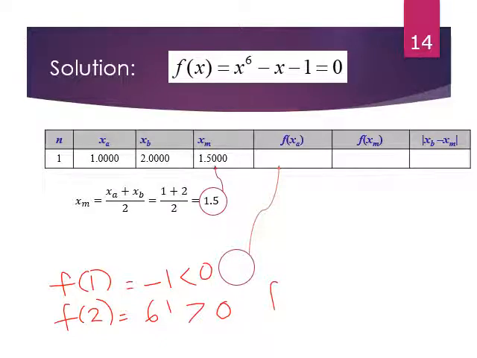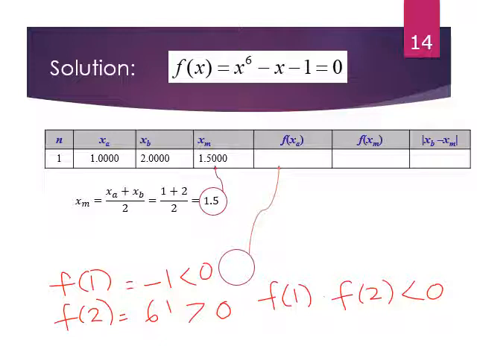Therefore we can say that f(1) multiplied by f(2) is less than 0. So there is at least one root in between the interval 1, 2.